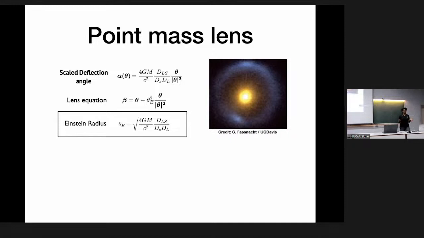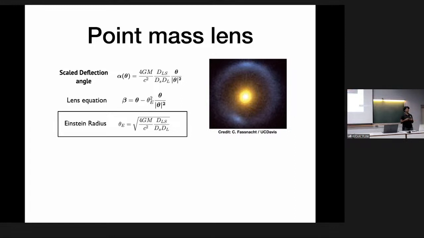If you have a system like this, and you can measure the distances from some observations, and the size of the ring can be readily measured from imaging, then you can directly get a very accurate measurement of the mass enclosed in this ring. This is the total mass that you can measure from a lens system like this.